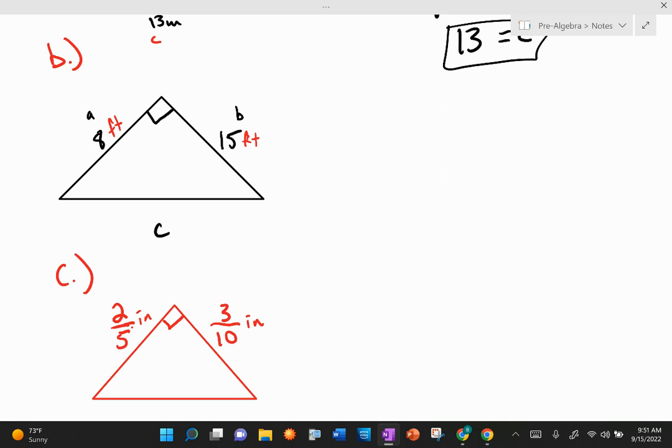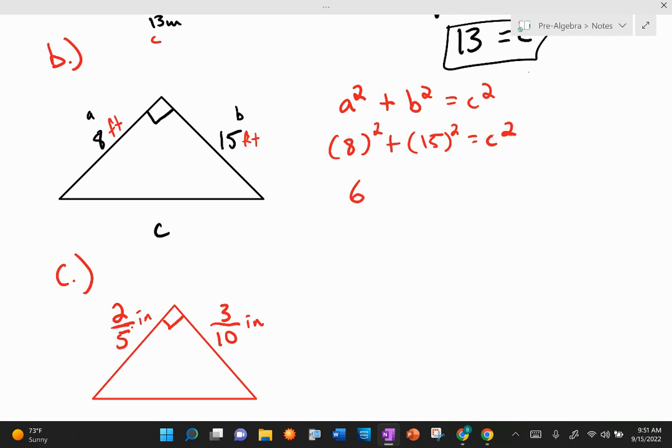All right. Let's look at letter B, just to make sure we're on the right track. So we've got a squared plus b squared equals c squared. A is what? 8. B is what? 15. Equals c squared. Then PEMDAS says that I need to do exponents.